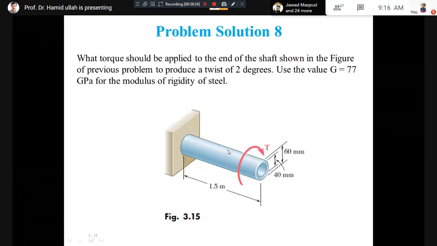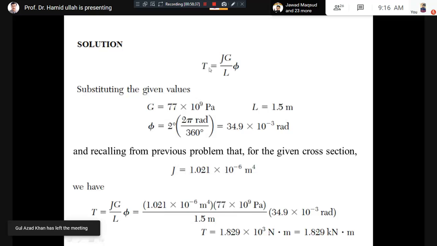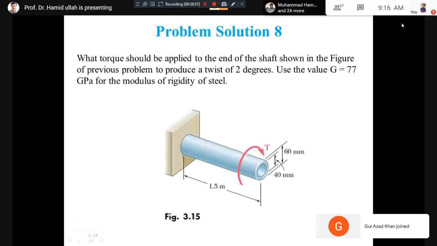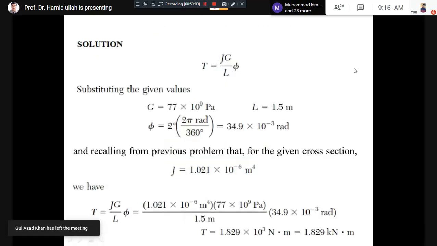Already, the same formula: the angle of twist equals TL divided by GJ. You rearrange it this way because we want to calculate torque. G is given as a material property. L is given as 1.5, and the angle, which I mentioned is in degrees, you will have to convert into radians while putting it in this formula.